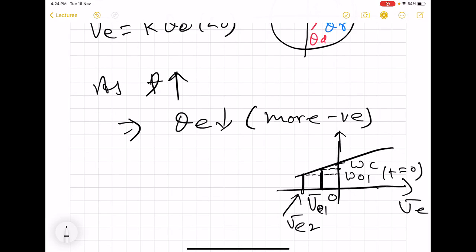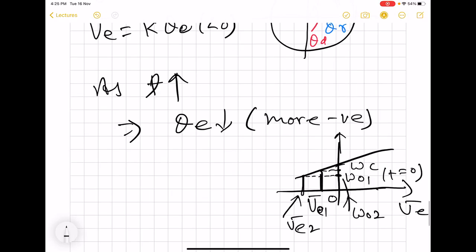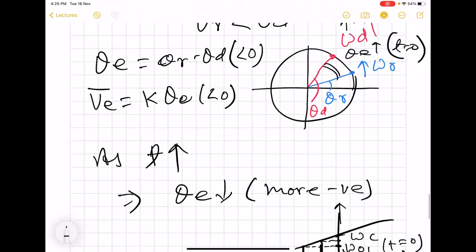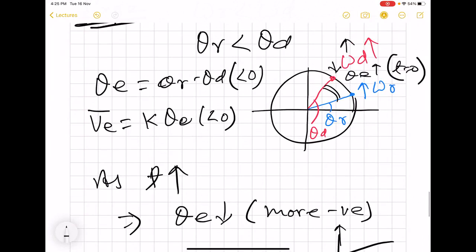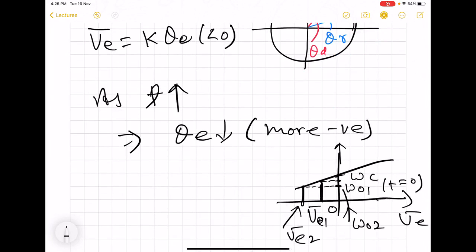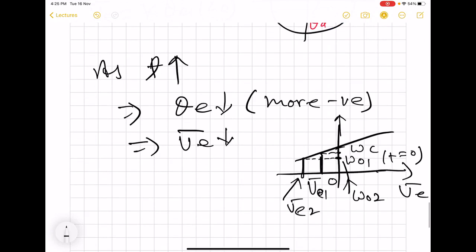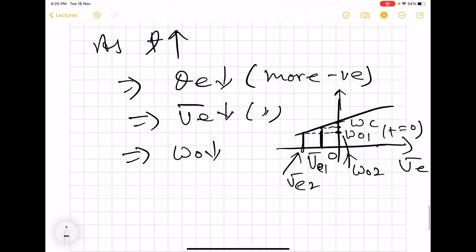And now you can see that this will decrease the frequency to omega 02. So it will basically slow down this omega d. So it will reduce the angular velocity. So this more negative phase error implies more negative voltage, and this will then imply output of VCO decreases. This implies that the divider frequency also goes down.